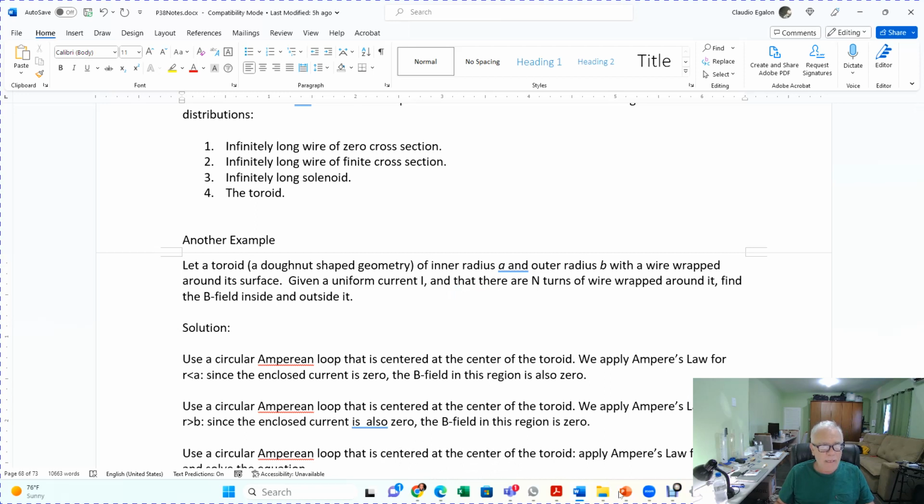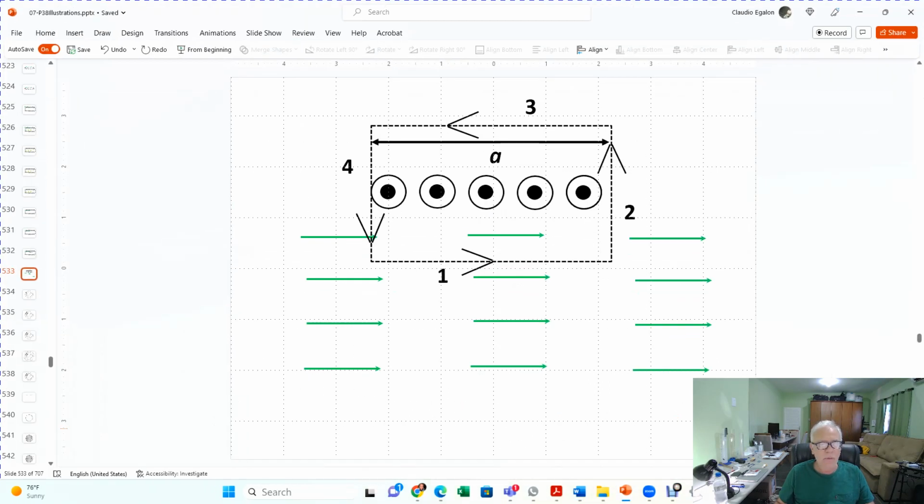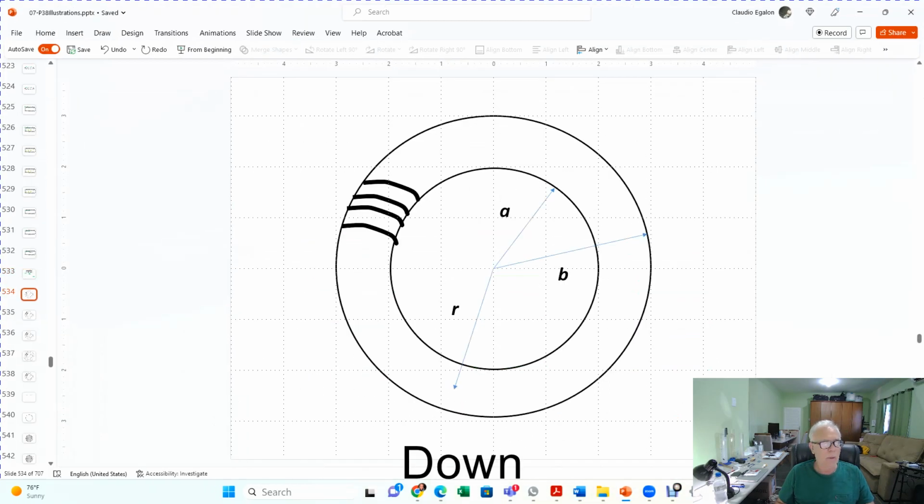Okay? I'm going to illustrate this toroid. That's how it looks. It's a donut, and we wrap wires around here. We have devices that are sold out there, in toroid shape and solenoid shape.